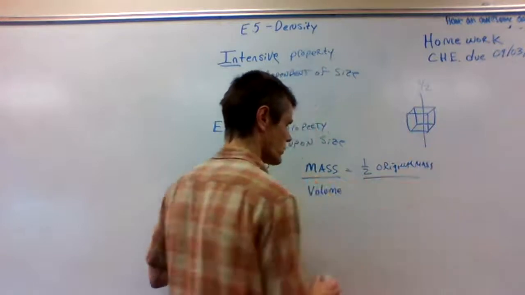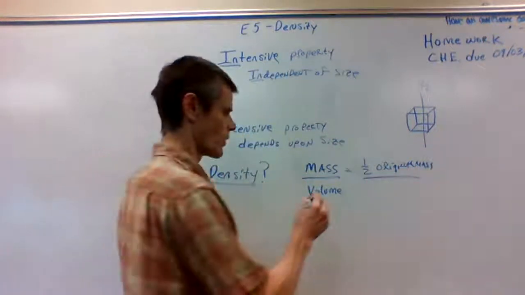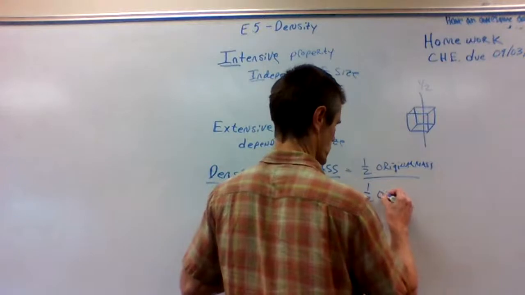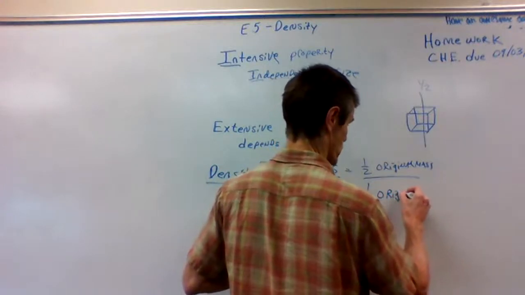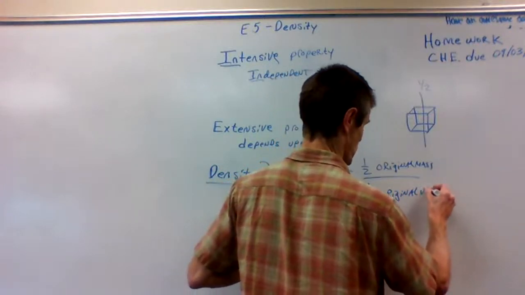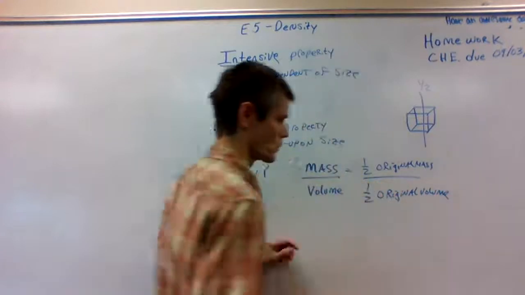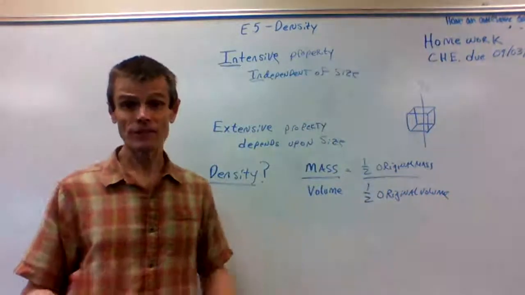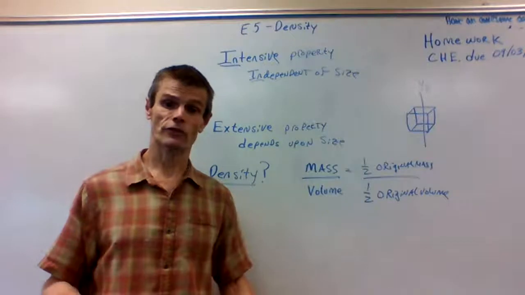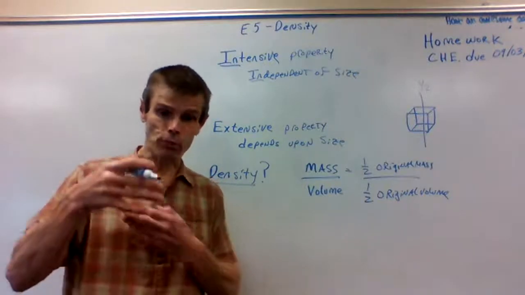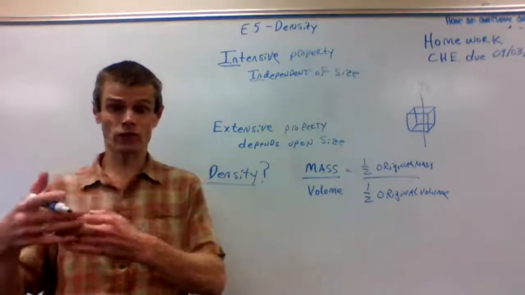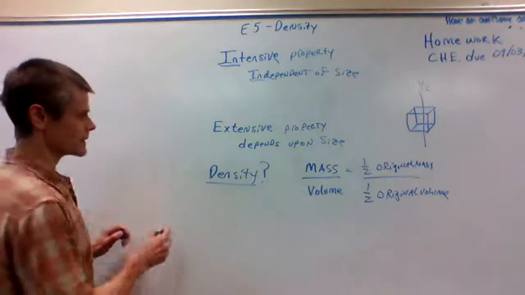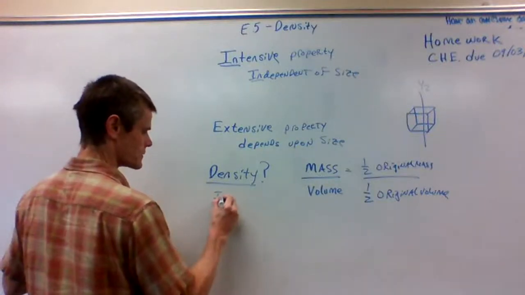The volume will be 1/2 of the original volume. What happens to the density? Density is going to remain constant. So density is a quotient of 2 extensive properties. Density is an intensive property.